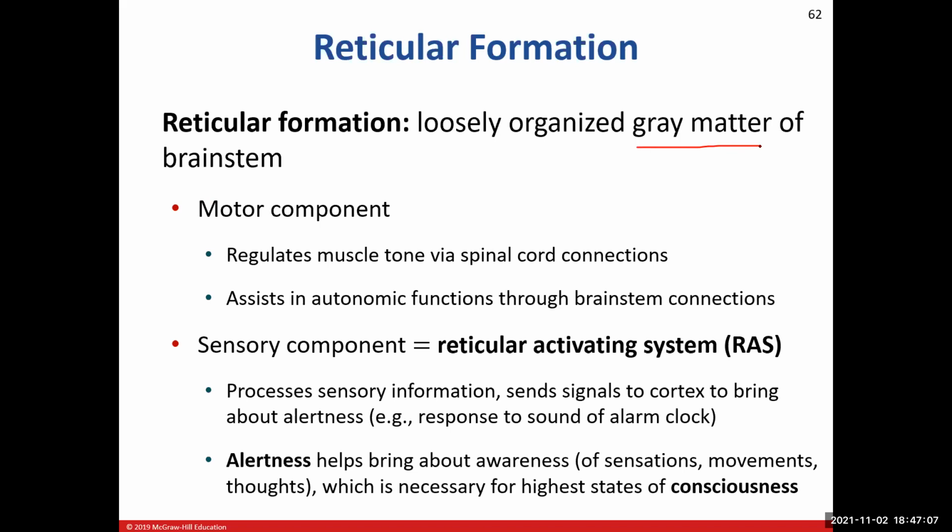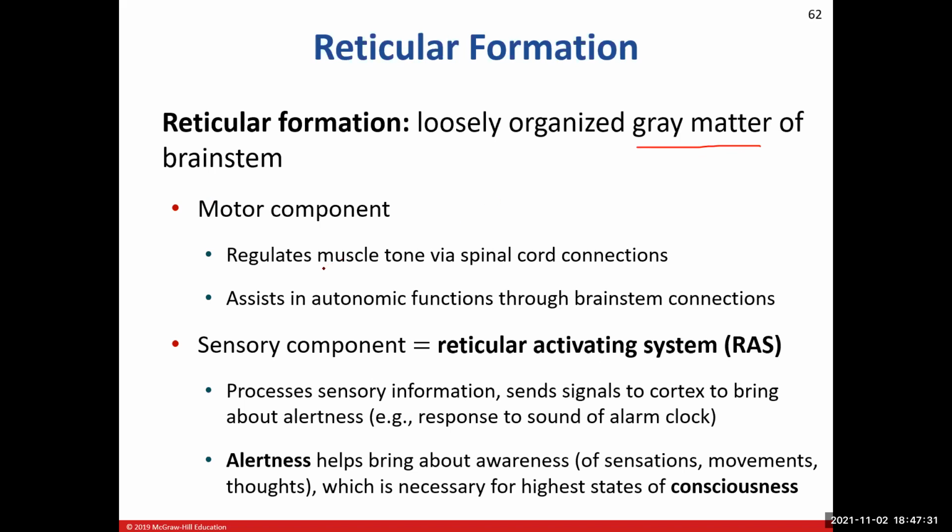The reticular formation is made up of a motor component and a sensory component. I may have told you about the motor component before when we were talking about muscle tone, and how a massage therapist, palpating and feeling your muscles, will say, wow, you've got tight muscles.